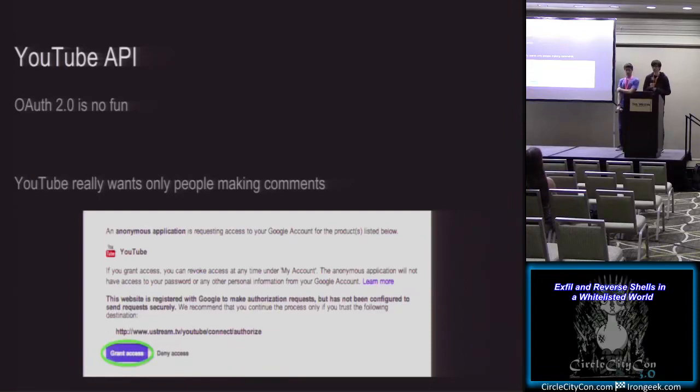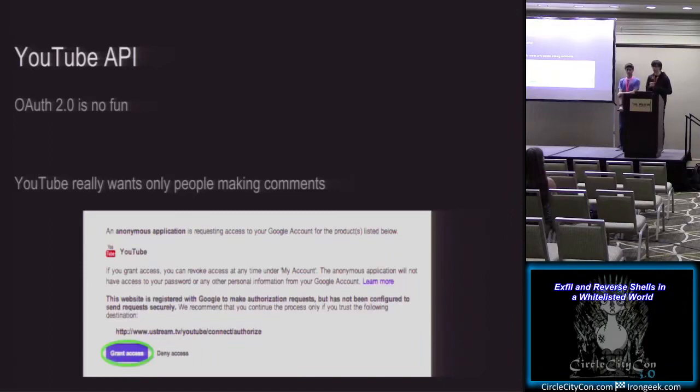So we started out like good developers would do, and we tried to use their API. But since we're doing stuff with exfiltration and it's kind of sketchy, YouTube doesn't really want people doing this kind of thing with their website. And we discovered that through OAuth 2.0, which is basically the only way that YouTube wants you to access their website through programs.